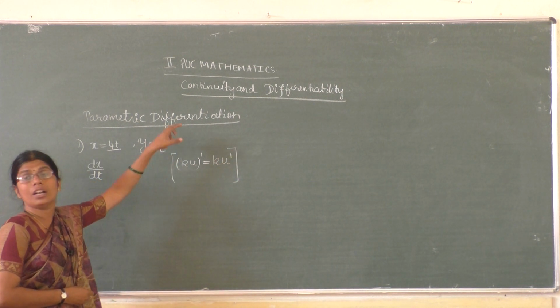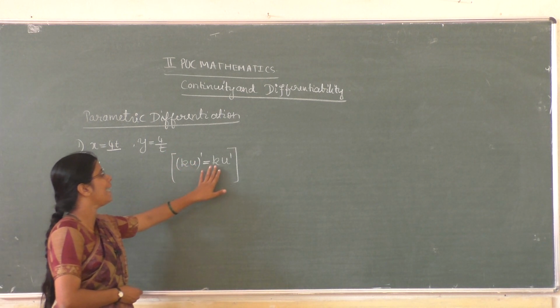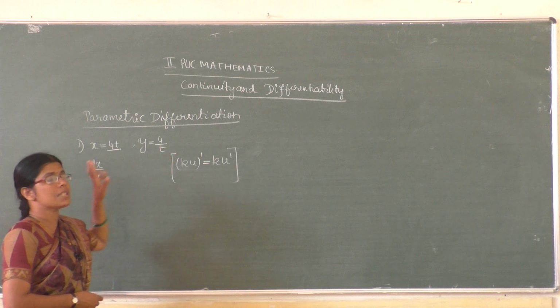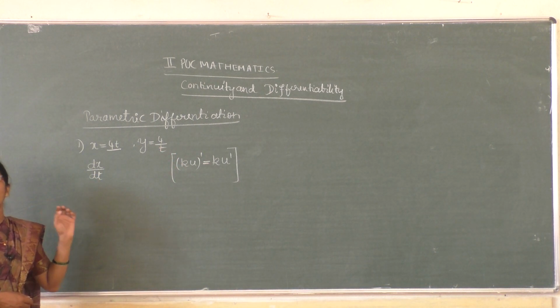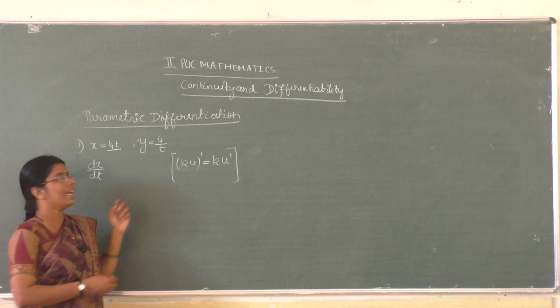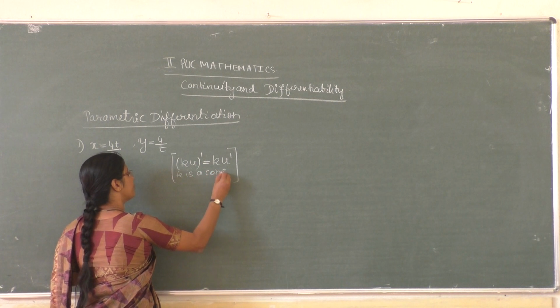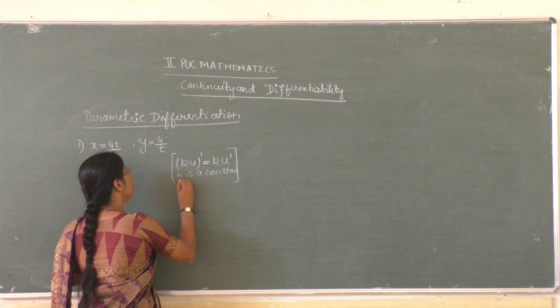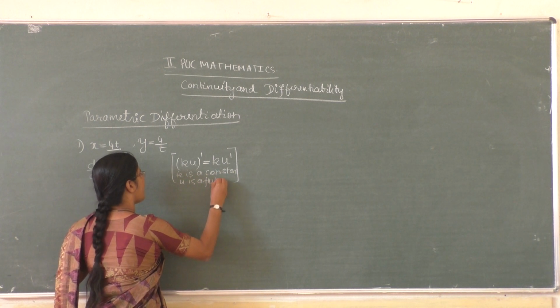That is, k into u whole dash is equal to k into u dash. That means suppose we have a constant into a function and you have to find the derivative, where k is a constant and u is a function of x.